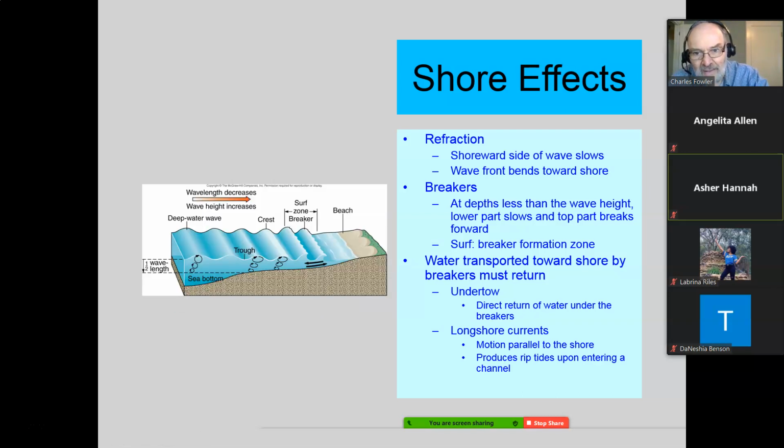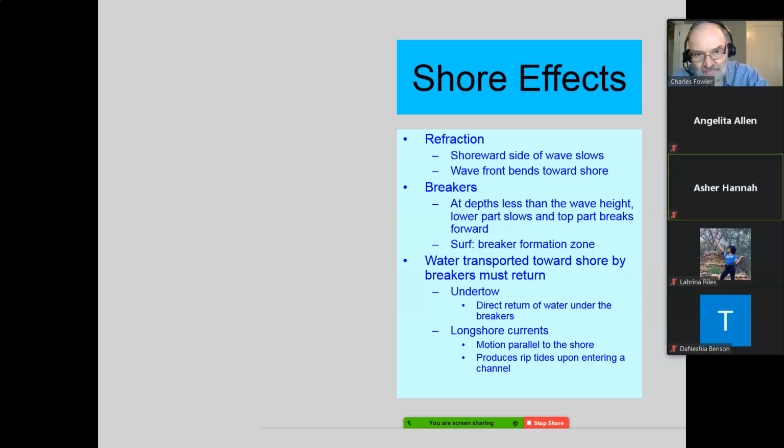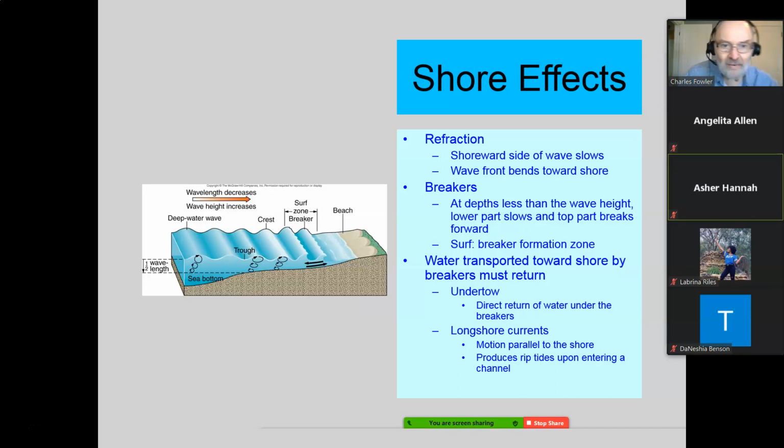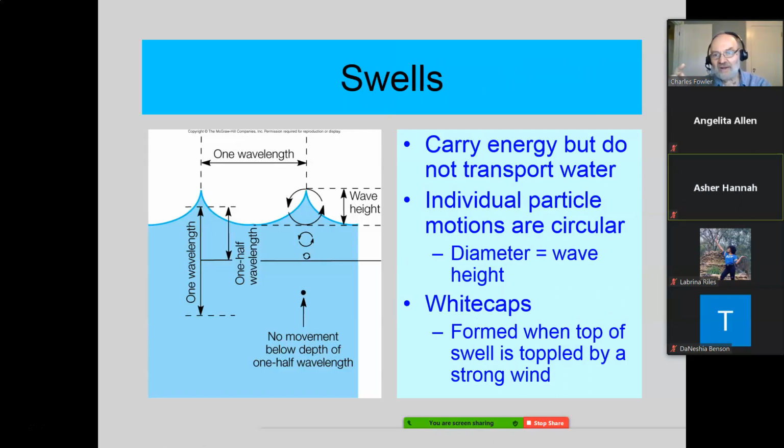Now, what do we mean by breakers? At depths less than the wave height, remember, let's go back a couple slides. There's the wave height. From the crest of the wave to the trough of the wave, that's the wave height.